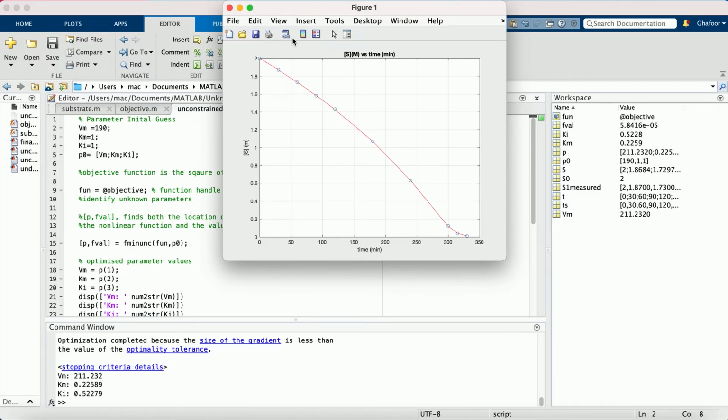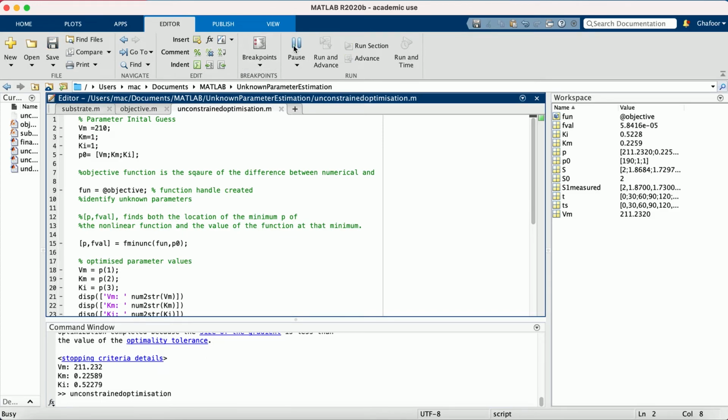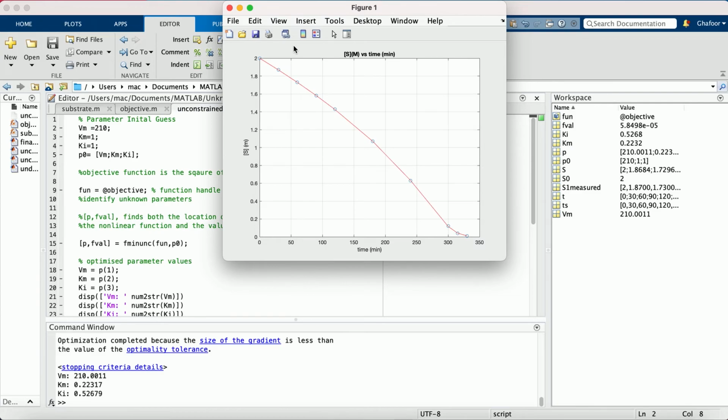This gives a better fit and is a value that is lower than 250. So let's try 210. We can see that we now get the lowest value of our trial and error approach.